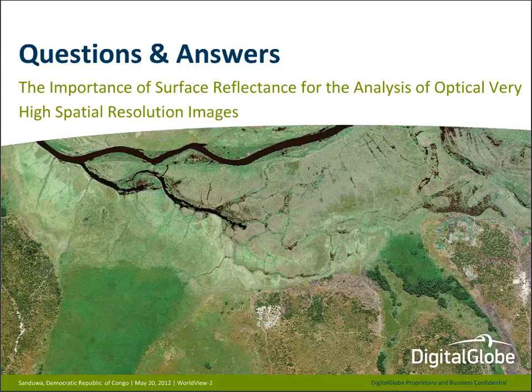So Fabio, another question that has come in for you is they're asking, does your surface reflectance algorithm work on other satellites, like a Landsat 8 or a Pleiades? And if the answer is yes, what are the advantages with our technique? Okay, so we did not test the JComp on these satellites yet, but I believe that the technology behind our algorithm is capable to process both Landsat 8 and Pleiades datasets.